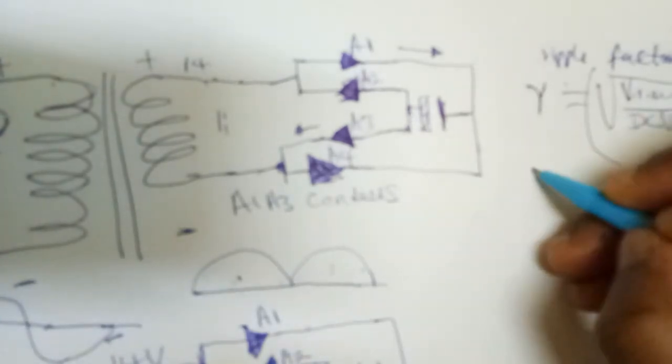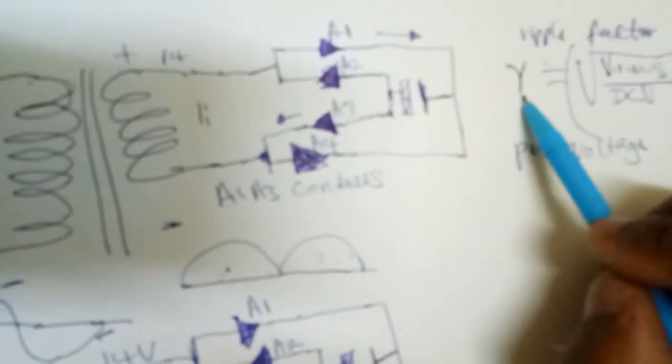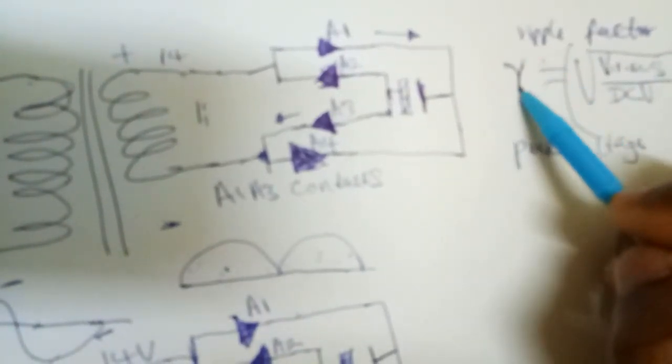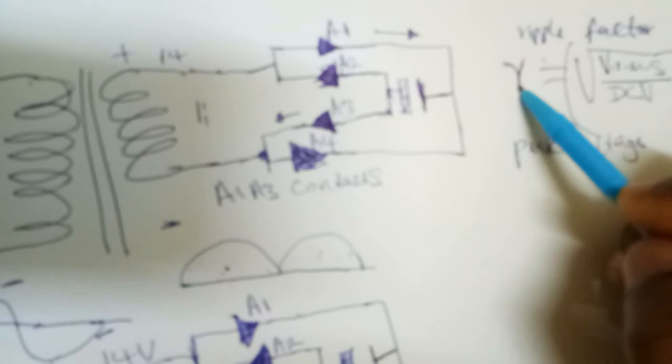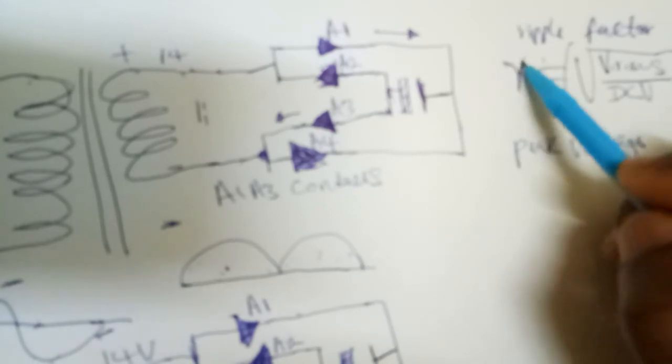So you have also the peak voltage. Ripple factor is used to determine the smoothness of the ripples.